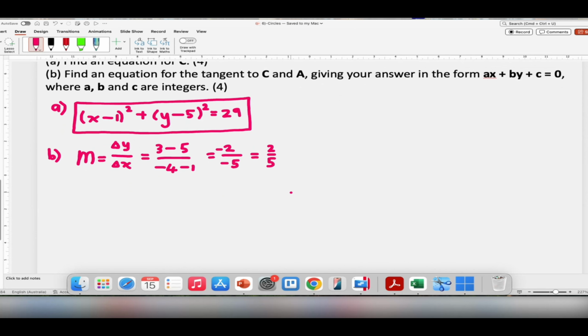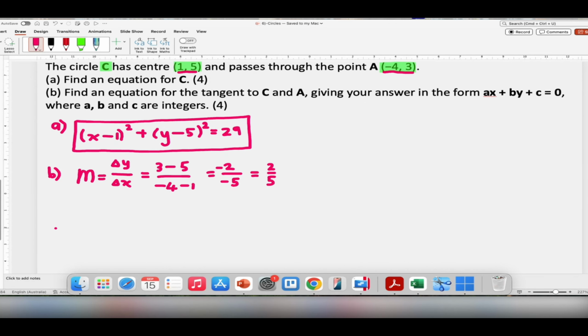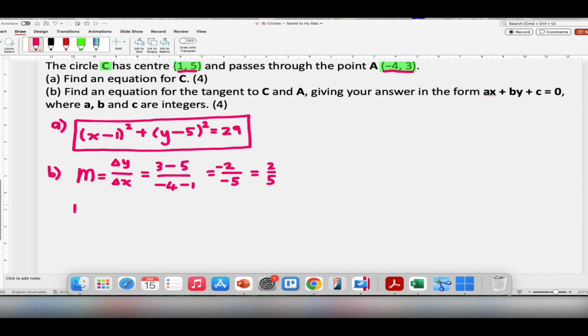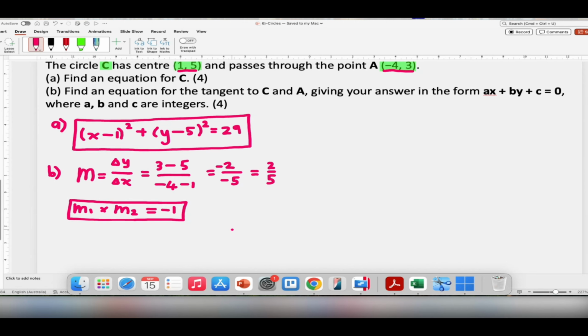Now we know that the gradient of the tangent is going to be the negative reciprocal. Remember, when we have two perpendicular lines, the gradient of the first line multiplied by the gradient of the second line must give us negative 1. So the product of the two gradients must give us negative 1 if the two lines are perpendicular.